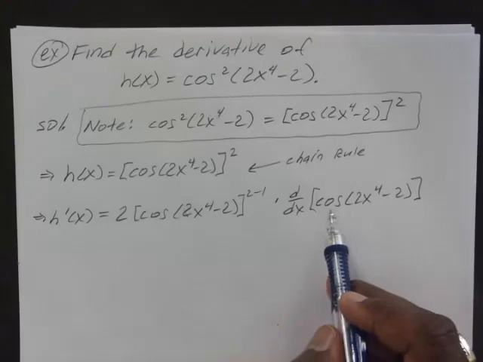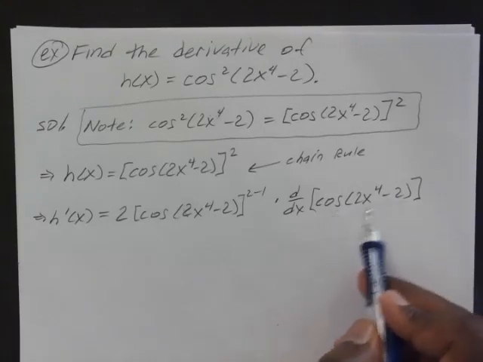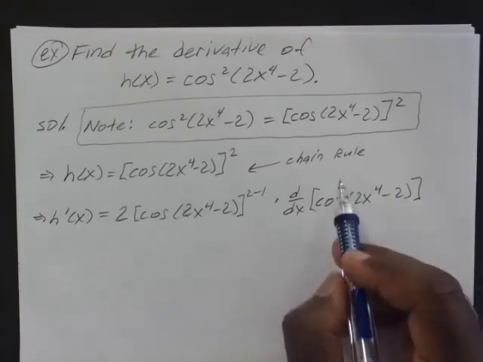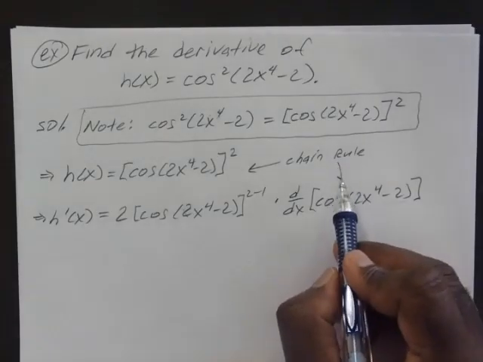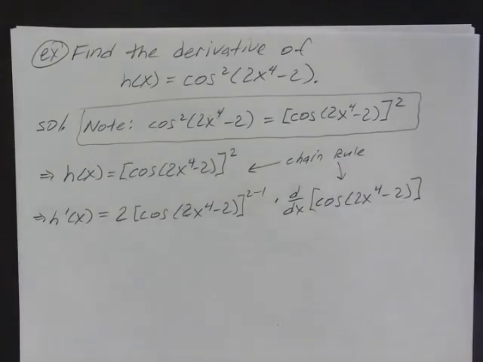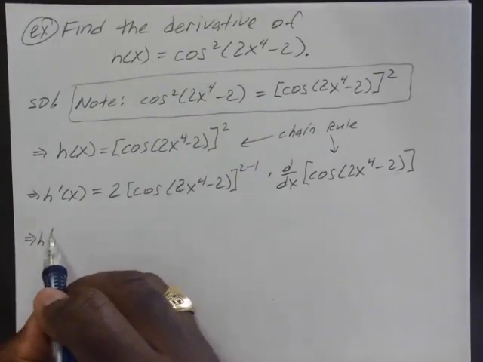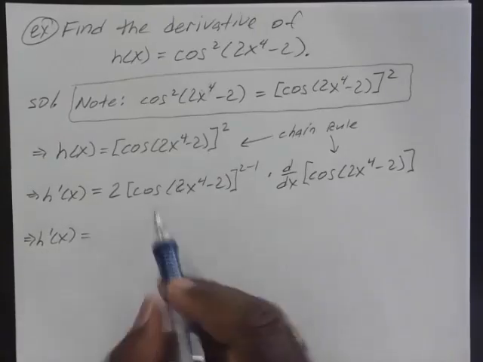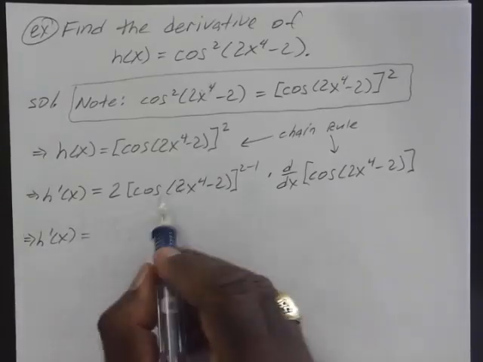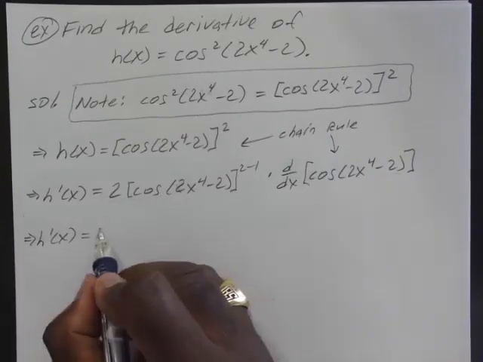Okay. Now this is a cosine of some function we'll call g of x, which means we have to apply the chain rule again to this one. So your h prime of x, this factor is pretty straightforward. We're done with this one once we simplify it.